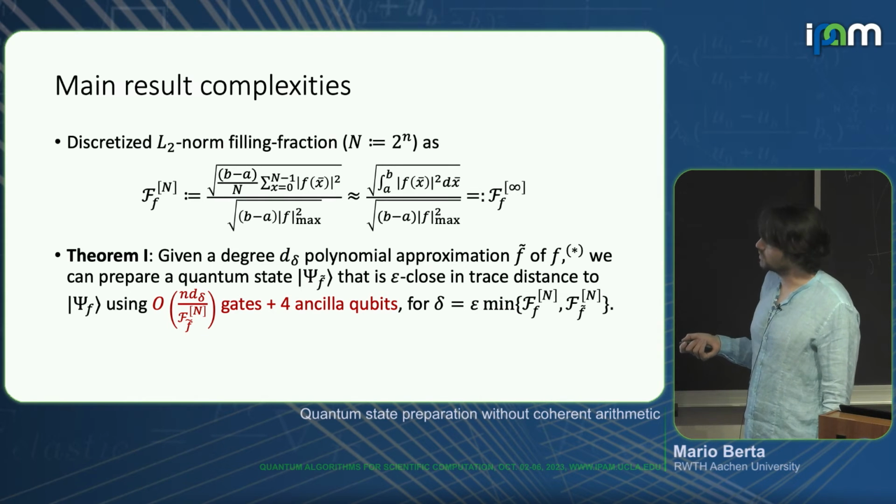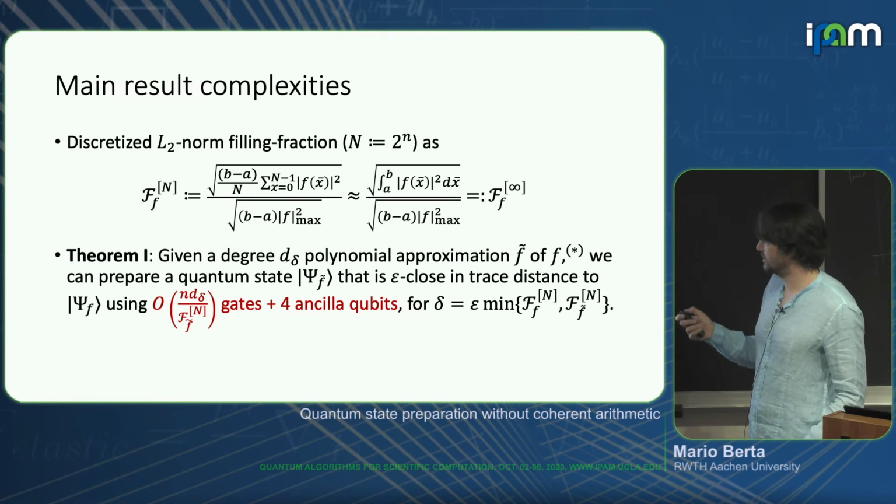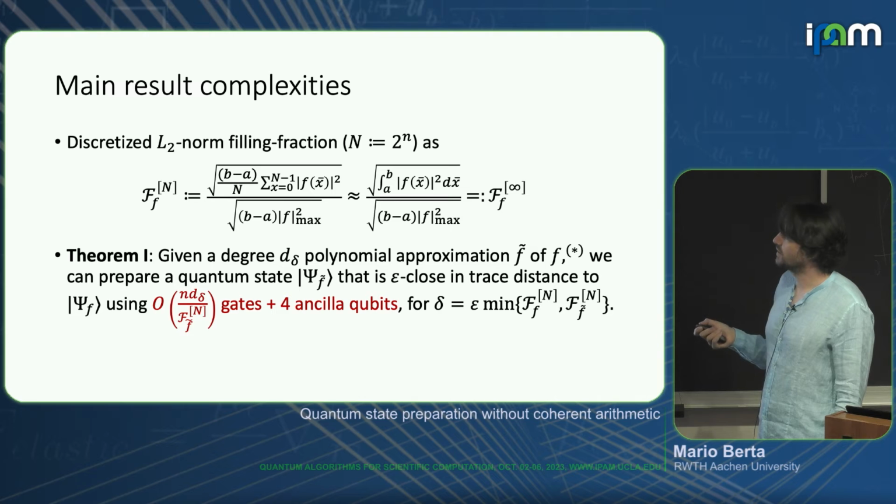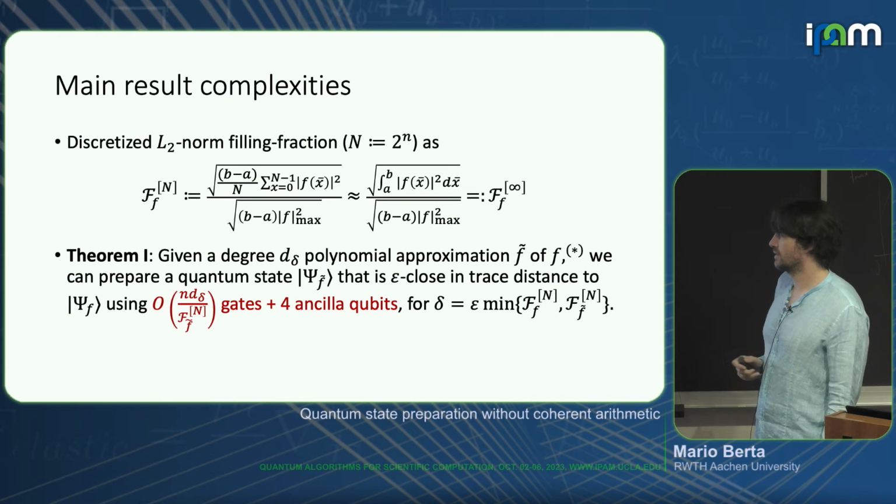And the scaling is as follows. You need 4 ancilla qubits, only this constant small number, plus the number of gates scales with n, the number of qubits you have, with the degree of the polynomial, and this filling fraction, now of the approximation f tilde.